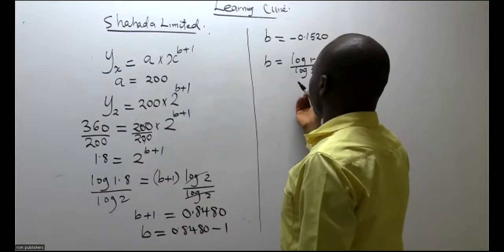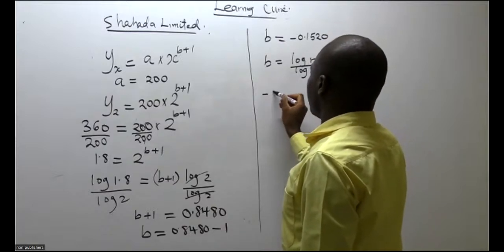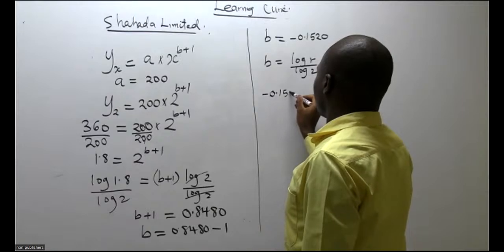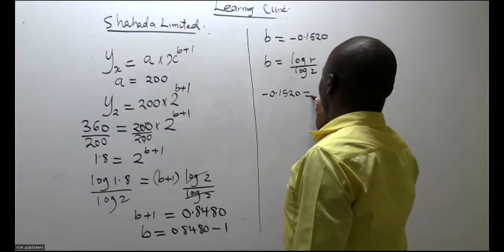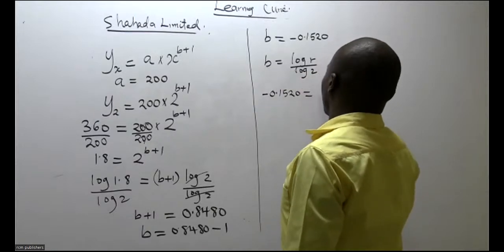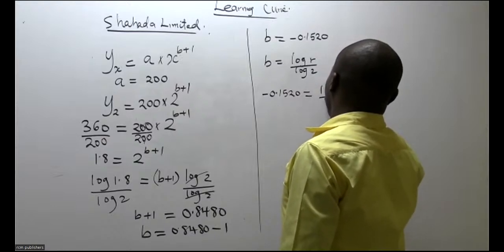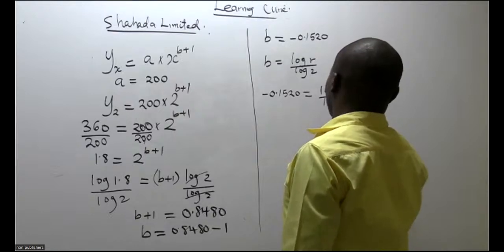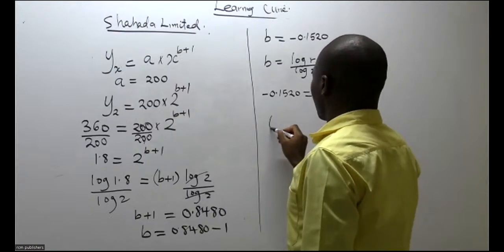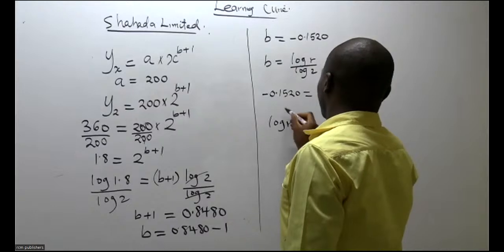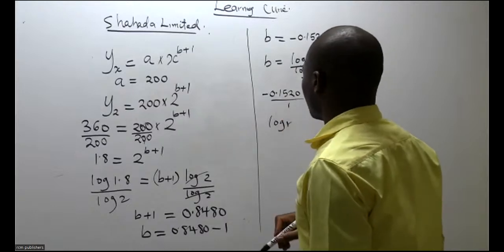So come and do a very simple thing here. Negative 0.1520, that is B, is equal to log R, which we do not have, divided by log 2. This R is unknown, so just have log R, or maybe over 1, so you cross multiply.